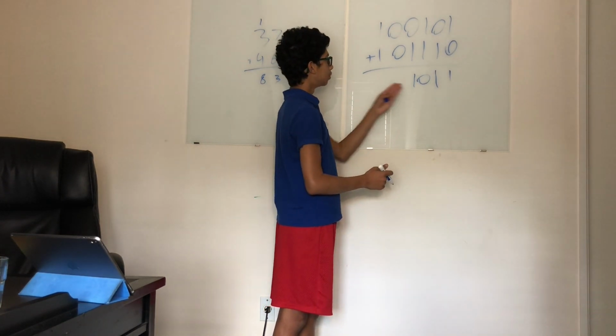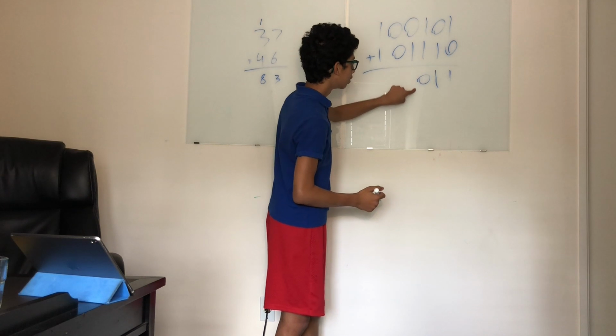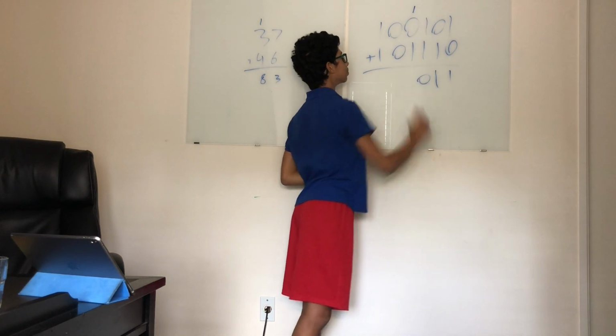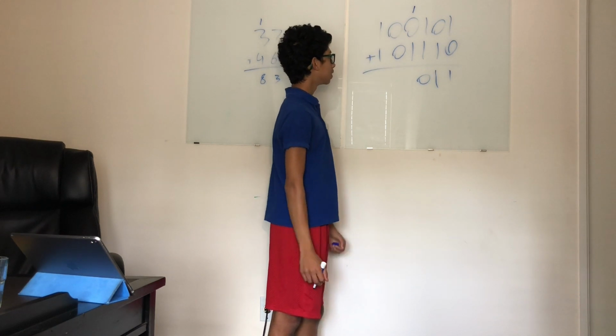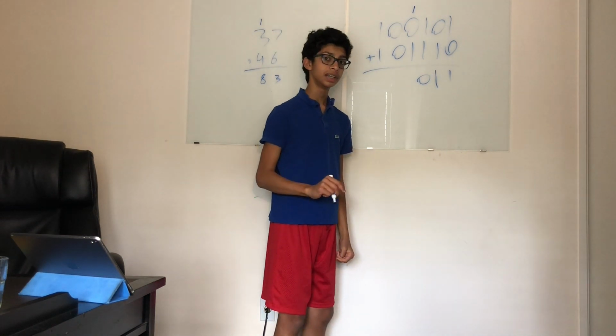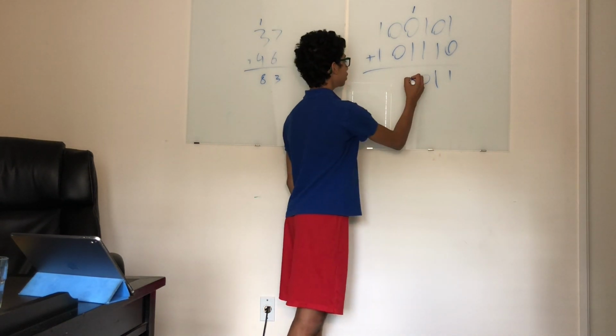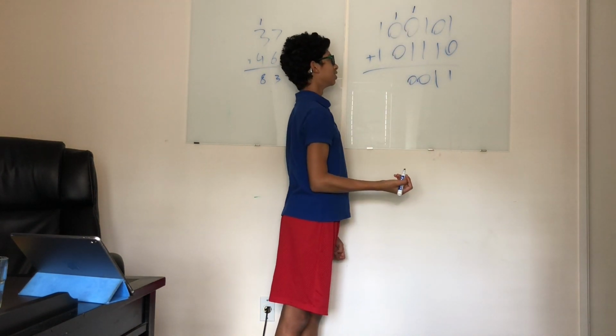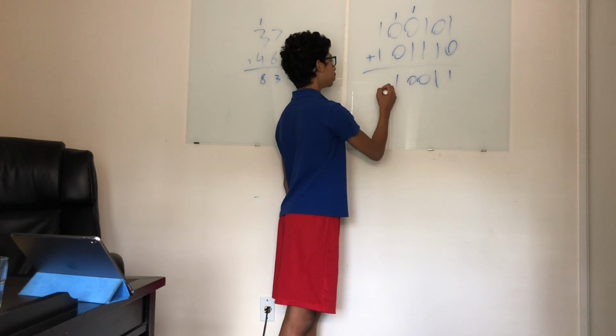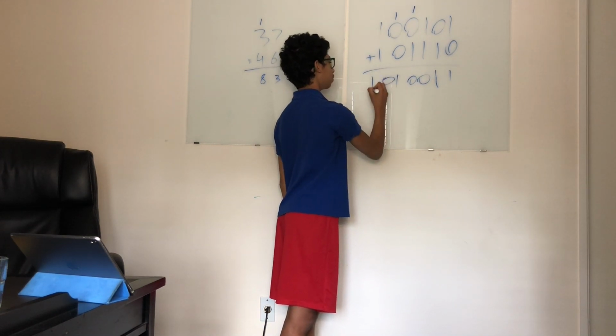And of course, we can't have this. We need to balance the 1. And then the exact same thing happens. 1 plus 1, well that's 2, but not really. It's 1, 0. So 0, carry the 1. And then 1 plus 0 plus 0 is just 1, 1 plus 1, 0, 1.